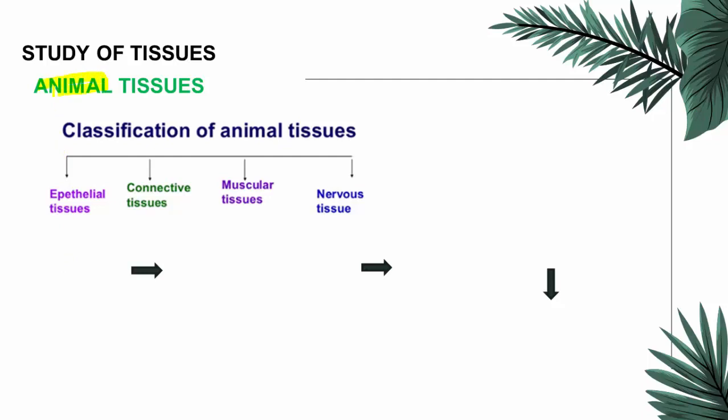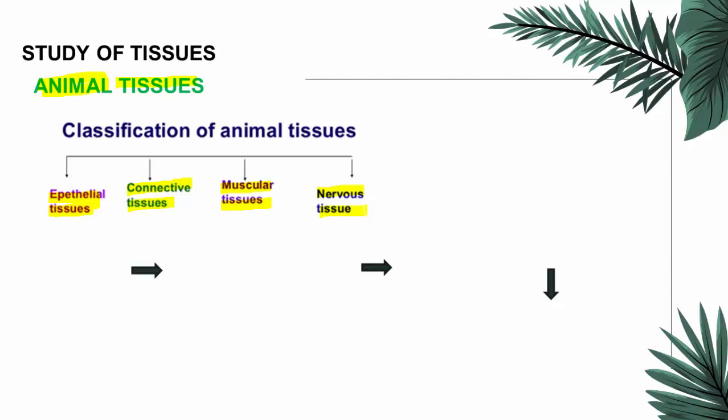Similarly, in the body of animals, we have four different types of tissues. They are epithelial tissues, second, connective tissues, third, muscular tissues, and fourth, nervous tissues. These are the four types of tissues present in the body of animals, especially the higher animals.